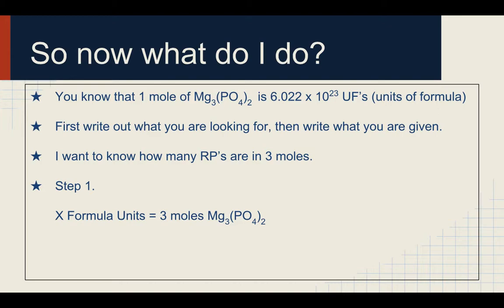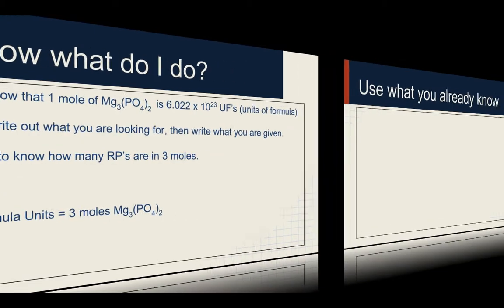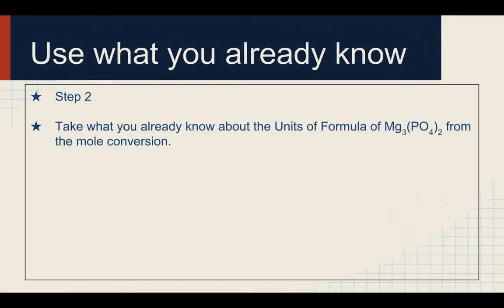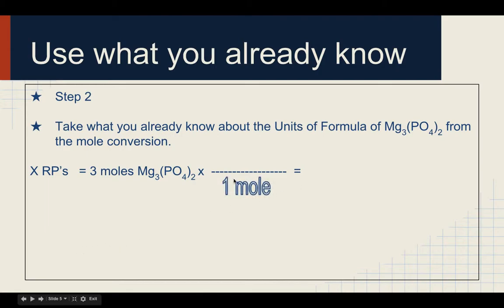Then I do that times line thing and I make sure I have conversions. Using what I already know, the units of formula to mole conversion is 1 mole and 6.022 times 10 to the 23rd. I have moles, so automatically moles goes on the bottom. It's going to be 1 mole down here with what I want on top.